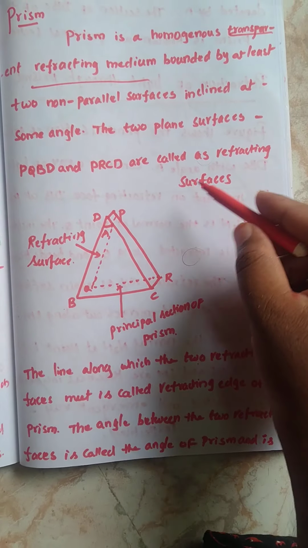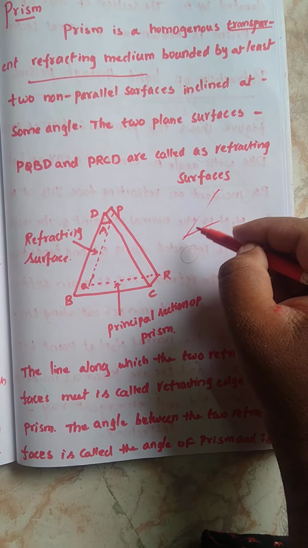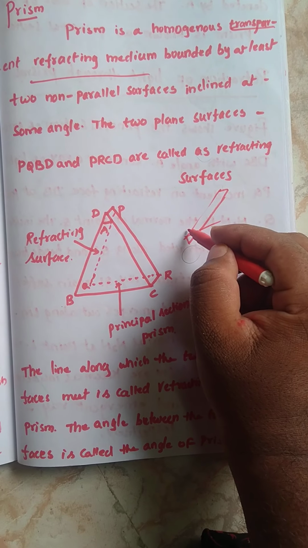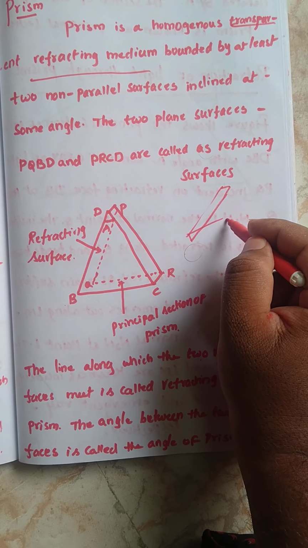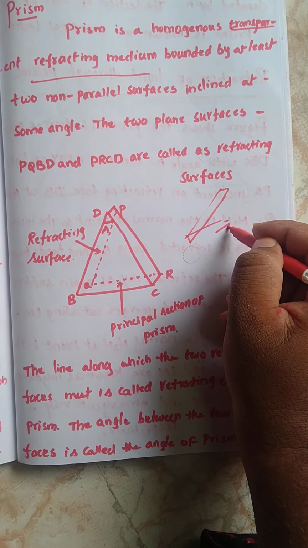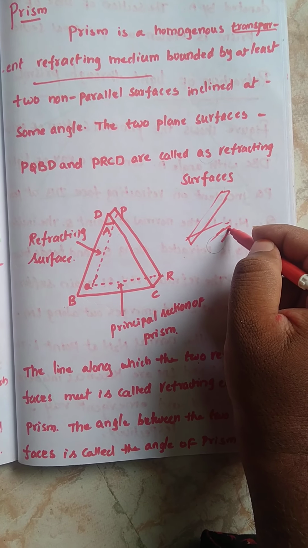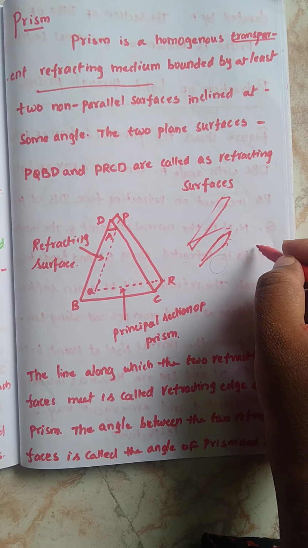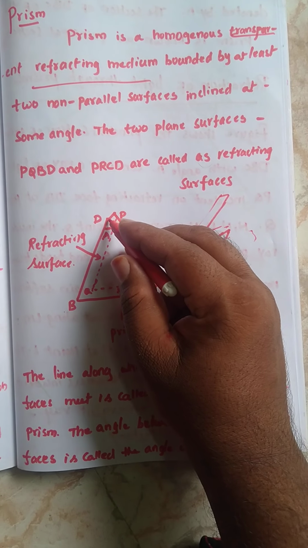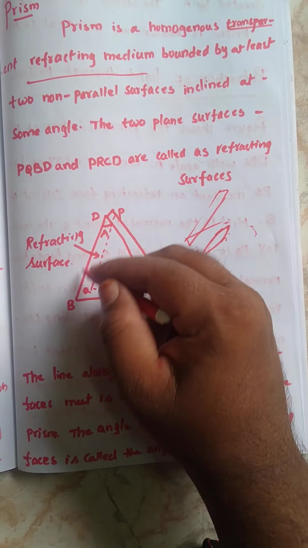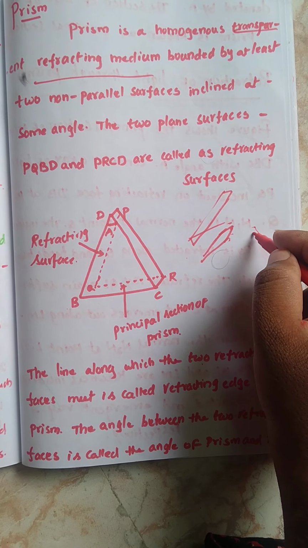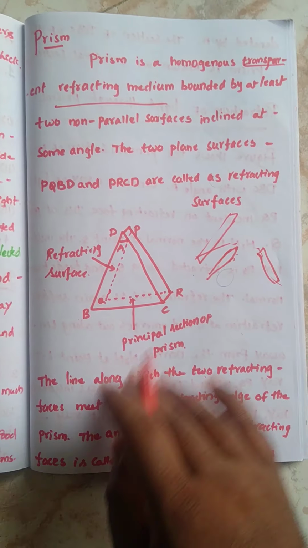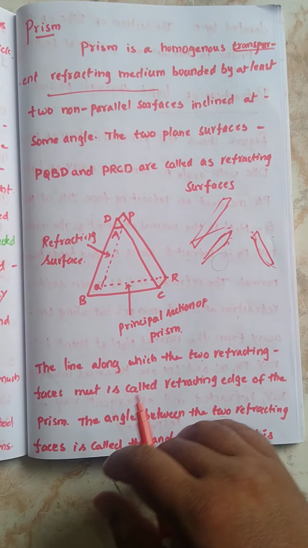It is like this: one surface like this, and another one on this side. Two plane surfaces, but they are not parallel.